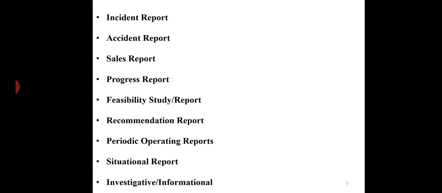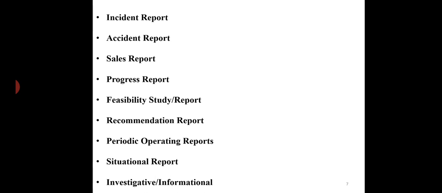Accident report is just the opposite of the previous one. That is, for example, how many goods or services were sold, and the reason for any differences from the plan or policies, likewise.